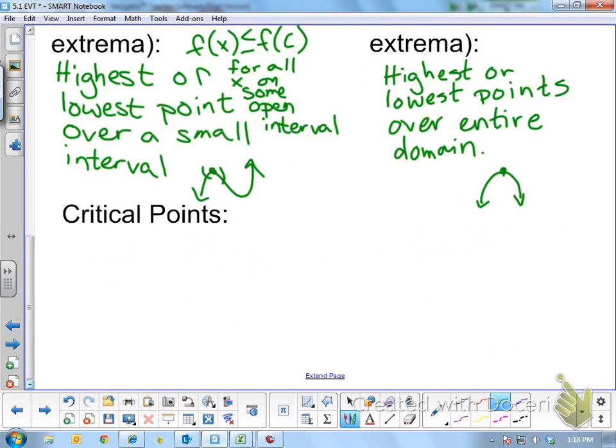So then critical points are used quite a bit when we try to find local or absolute maxes and mins.